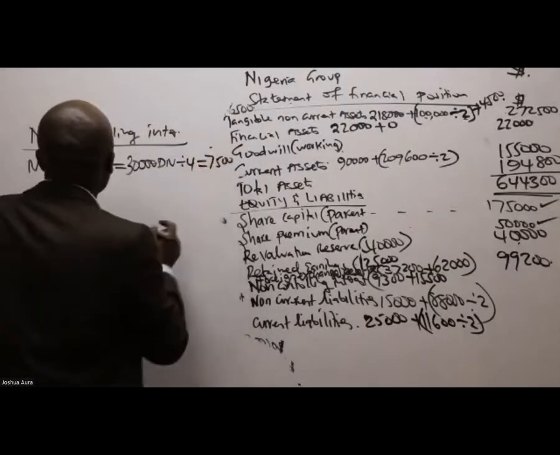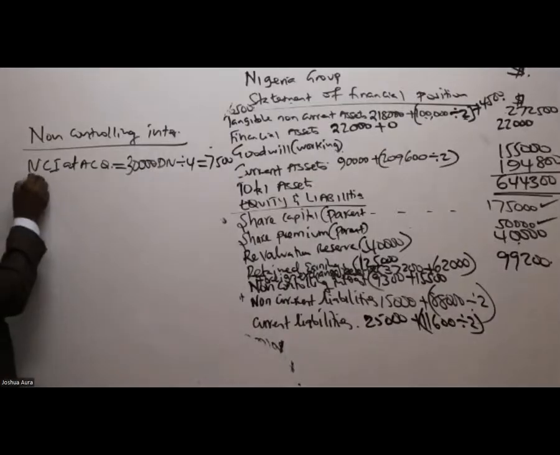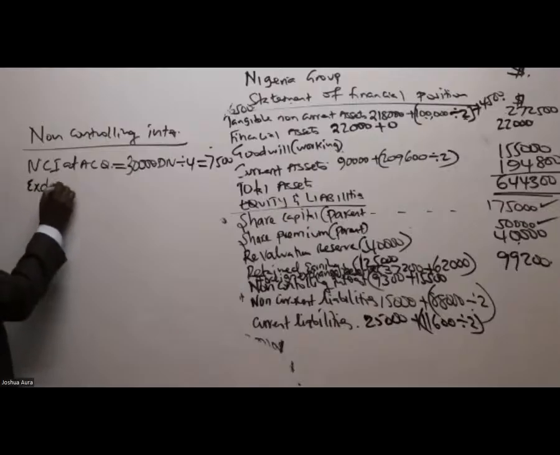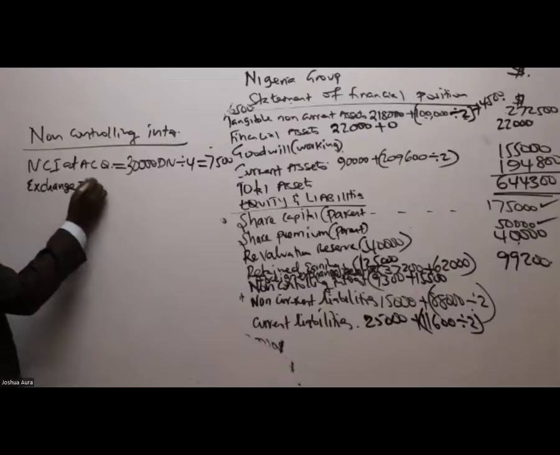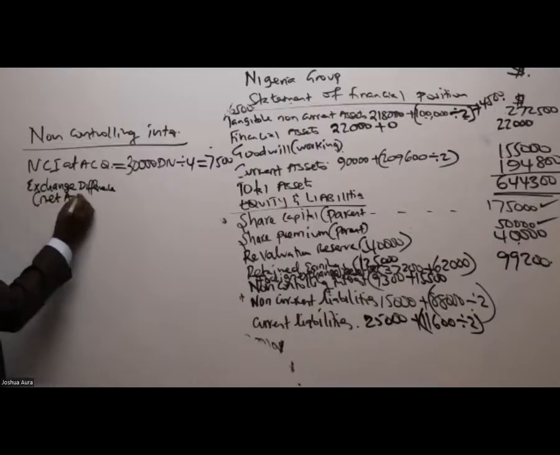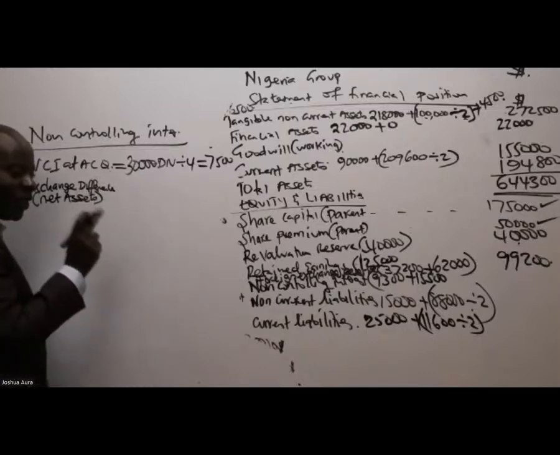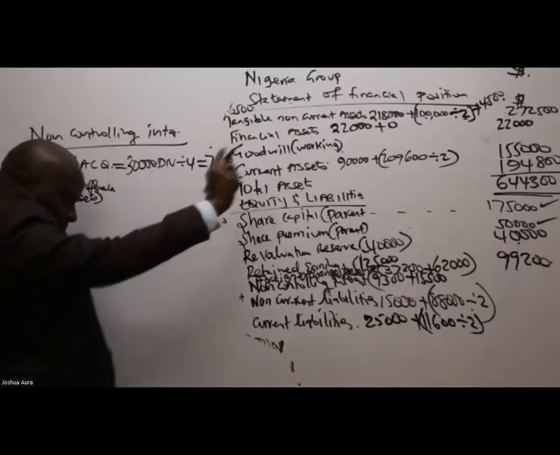Now, in this case, we gave them something from exchange difference. If you remember, we gave them something from exchange difference as regards changes in net assets. Is there somebody who can remember what we gave them? When we had a group exchange difference, we apportioned it to the parent and NCI.